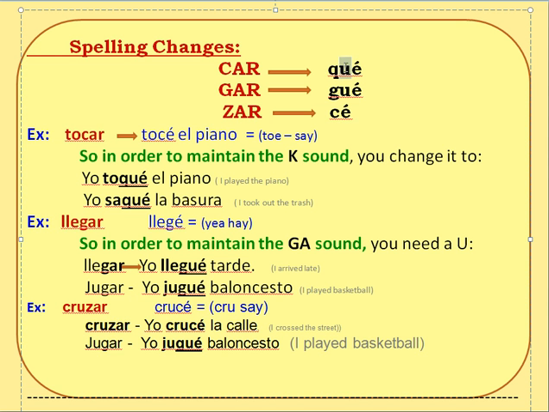So you want to change the C into a QU. Llegar, same thing, it'd be llegé, pronounced yehe, if we didn't put that U in there. So in order to have the G sound, you need to add the U. So instead of yehe, it'd be yege for like llegar. Okay, so that's why you have to do those spelling changes.